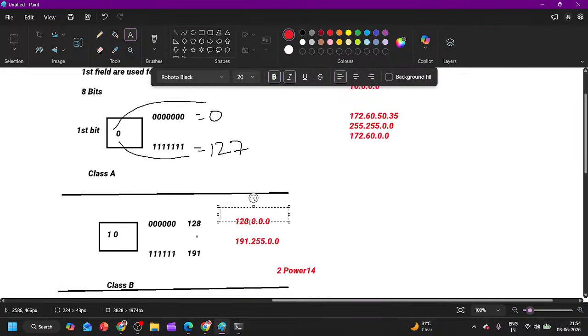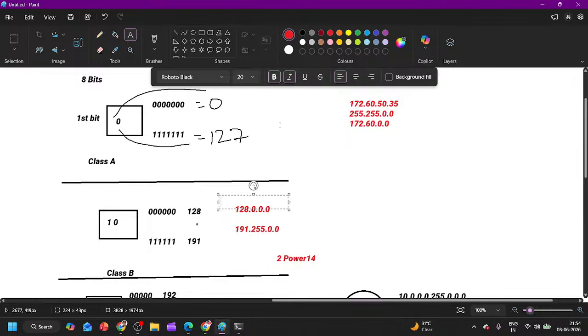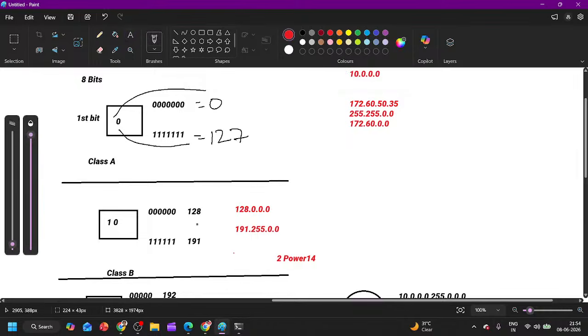Right? And like you have this formula, 2 power h minus 2 to find valid hosts, similarly there is a formula to calculate networks. Number of networks is 2 power n.